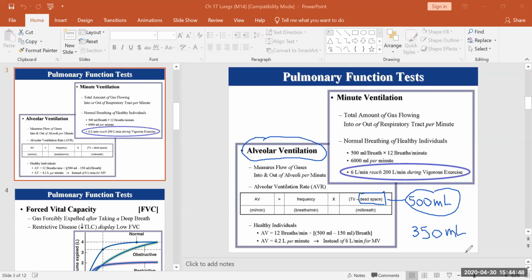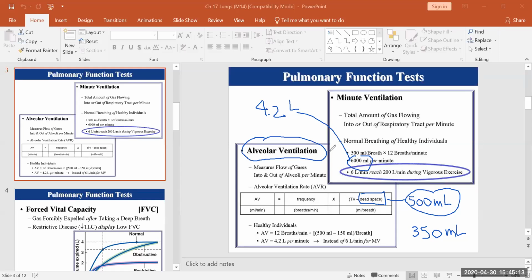So if you are bringing in 6 liters per minute, 70% of that, there's only 4.2 liters of air available for gas exchange. The other 1.8 liters is basically in the dead space.